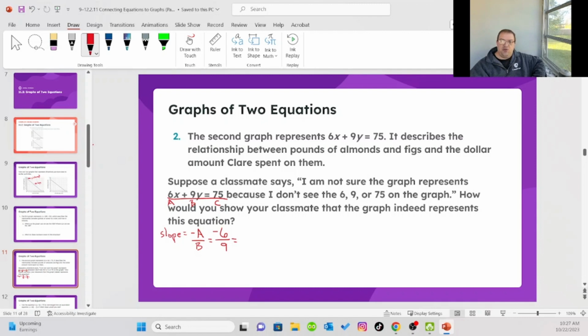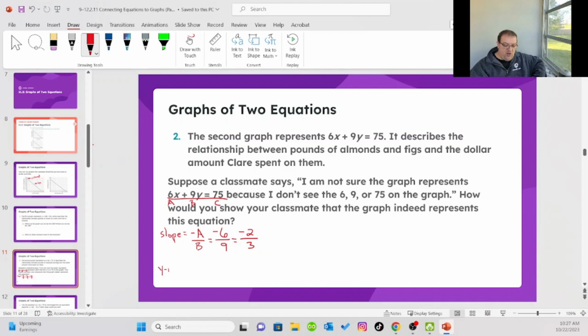Both of these numbers are divisible by 3. So negative 6 divided by 3 is negative 2. And 9 divided by 3 is 3. So our slope is negative 2/3.